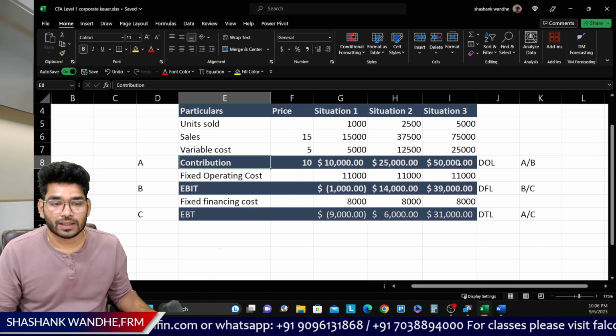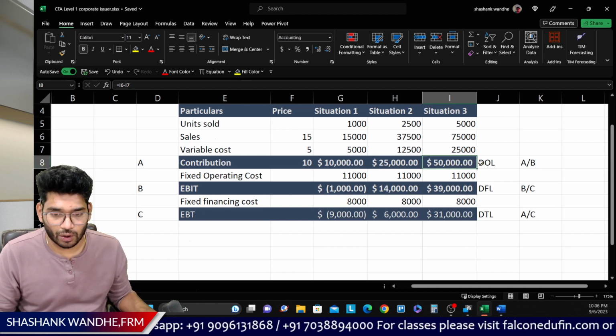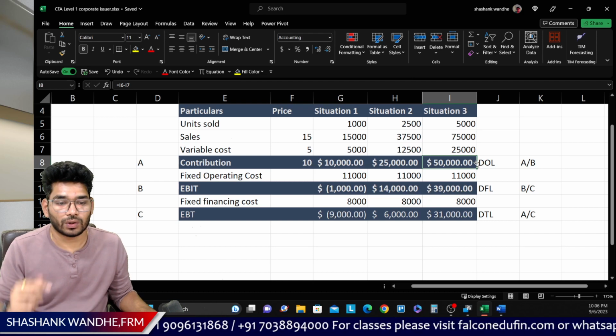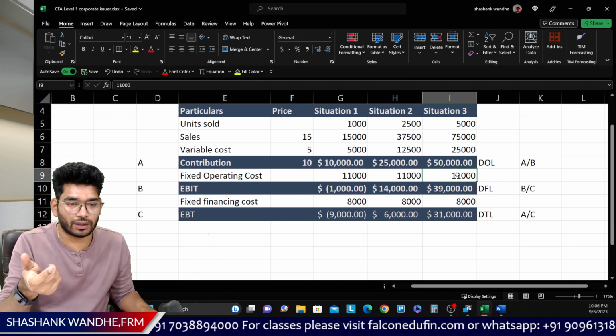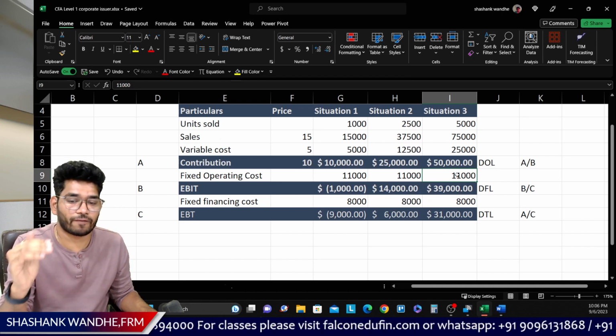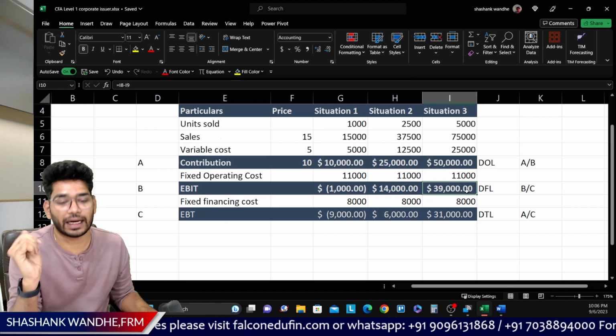In the degree of operating leverage, we connect these 2 points, contribution and EBIT. So how EBIT is affected given a specific level of contribution because of fixed operating cost. That's why we take the contribution divided by EBIT.